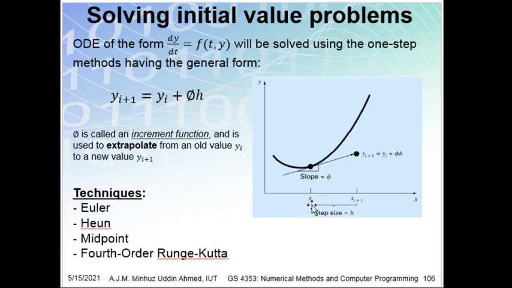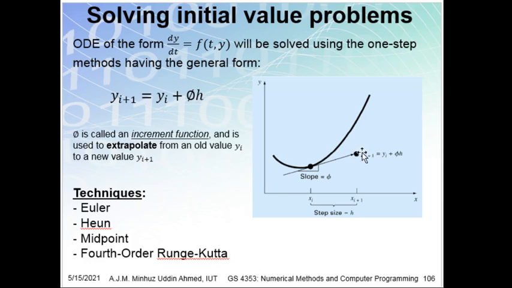If x is 0 and x_{i+1} is 0.5, then the step size is 0.5. This is h, and phi is the increment function, which is used to extrapolate from an old value y_i to a new value y_{i+1}.